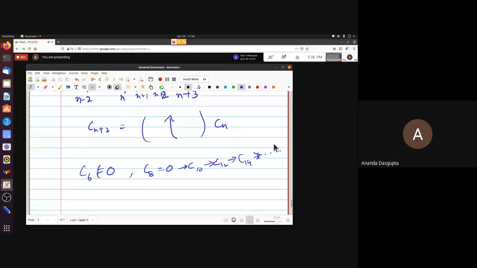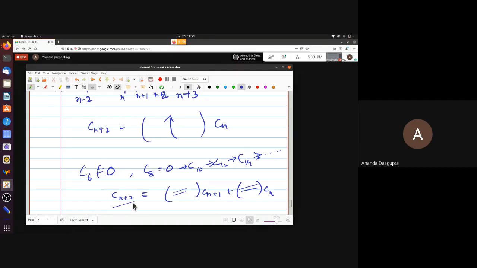But if you have a 3-term recursion relation, something like Cn plus 2 is something into Cn plus 1 plus something into Cn, then I can't get a polynomial solution out of this at all. I can't make it truncate. Why? Because I can possibly choose the parameters in such a way that these two coefficients will conspire to make Cn plus 2 vanish. Okay?